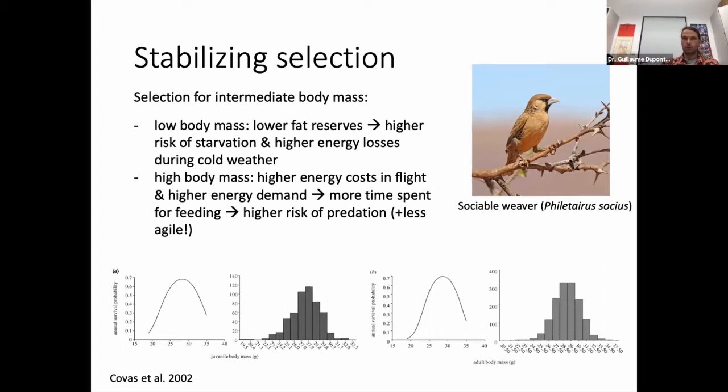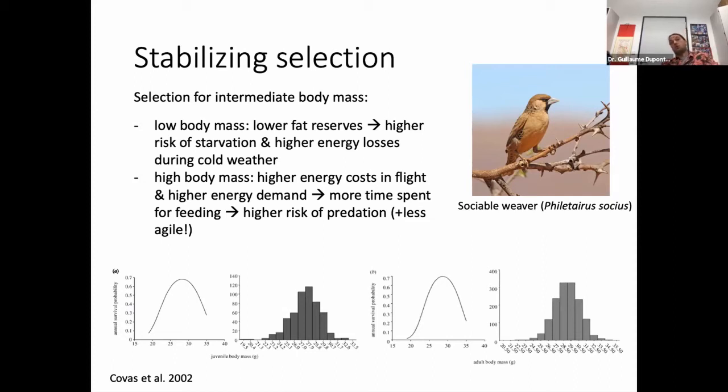And they saw by doing this over 8 years that the size in juveniles and in adults is very narrow and is fixed around a mean. And so they say low body mass is selected against because a bird with lower body mass is less fat, has a higher risk of starvation, and loses more energy during cold periods.